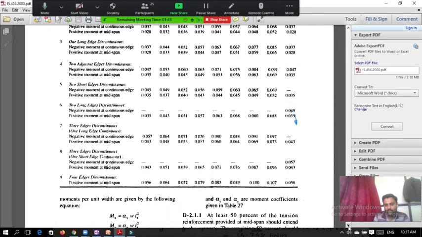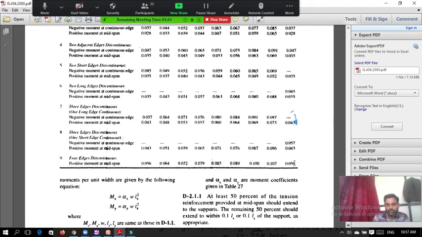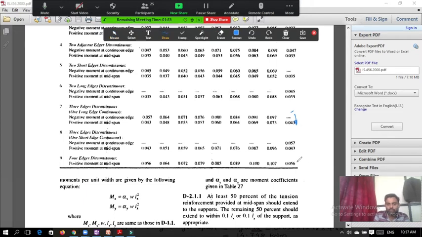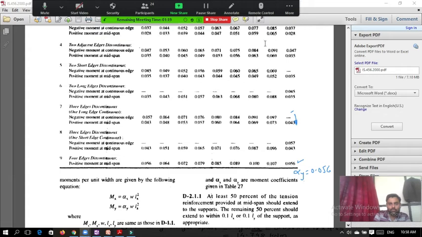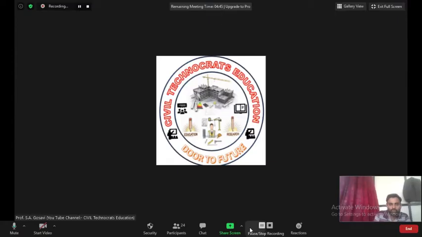This last column corresponds to alpha y, and this value is 0.056. So your alpha y value is equal to 0.056. This is the value of alpha y. Now we will go to our PowerPoint presentation for taking those values.